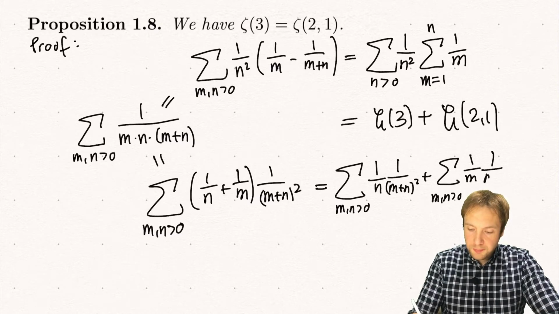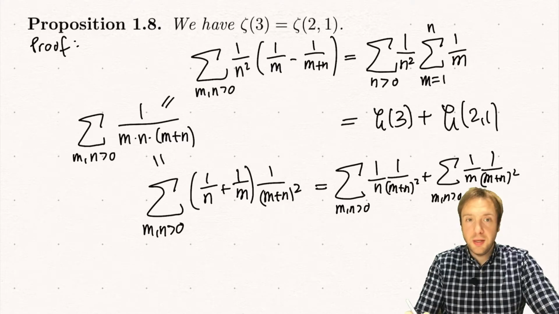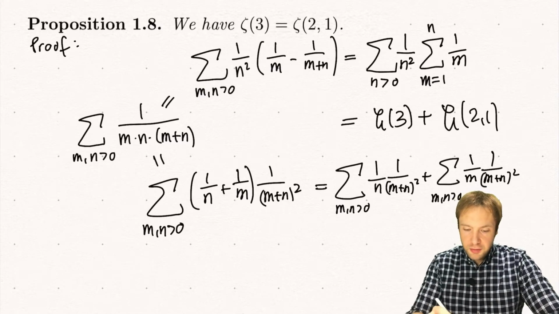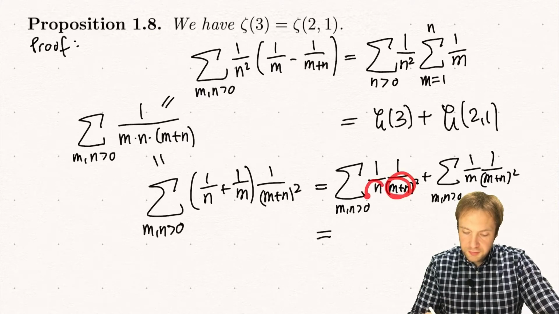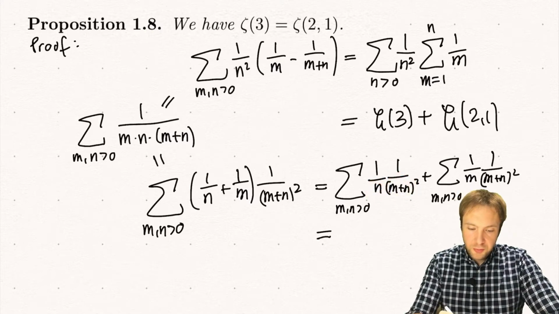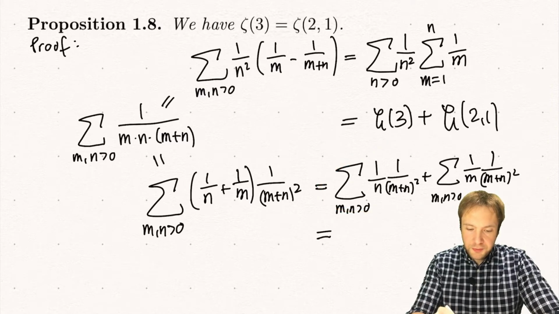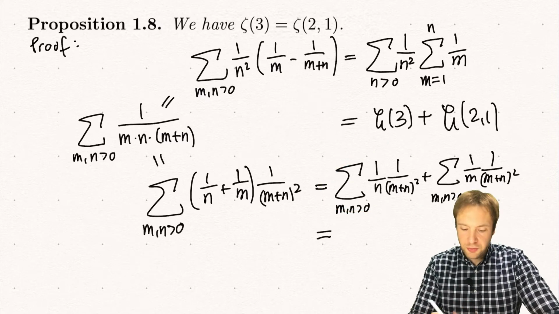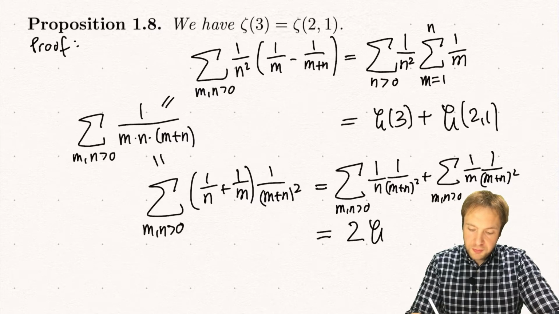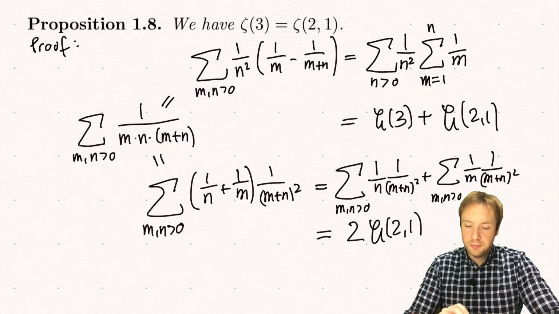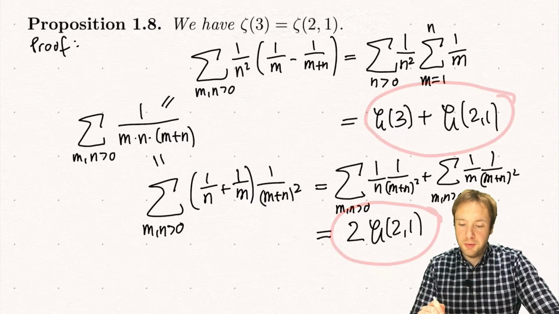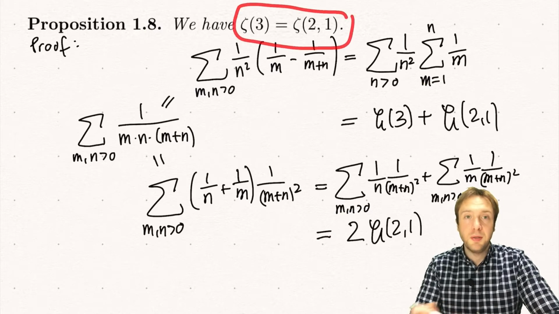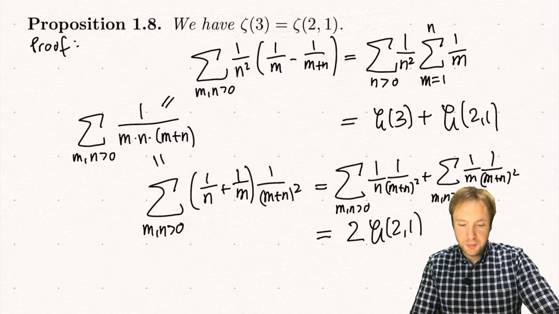So it's basically the same sum, where we just rename m and n, and this, so here, this is strictly larger than this, so we could rewrite it as an ordered sum, and these two sums are the same, and what this just is, this is just the definition of zeta 2 1, and we have it twice, so this is 2 times zeta 2 1, and therefore 2 times zeta 2 1 equals zeta 3 plus zeta 2 1, which then implies that zeta 3 equals zeta 2 1.